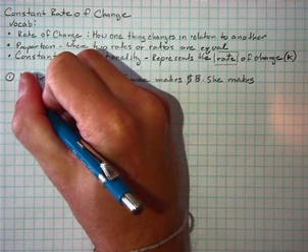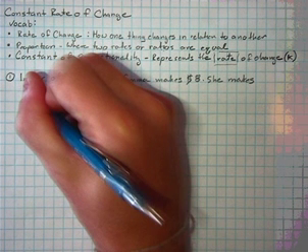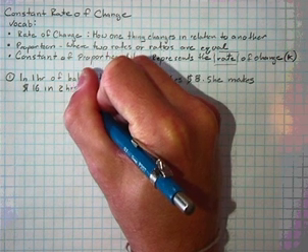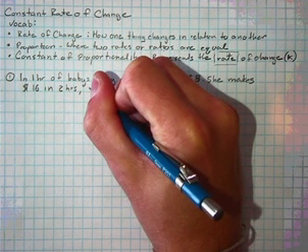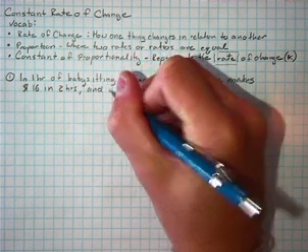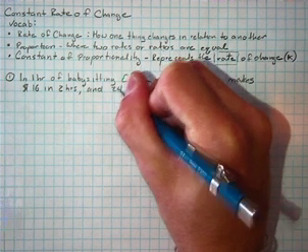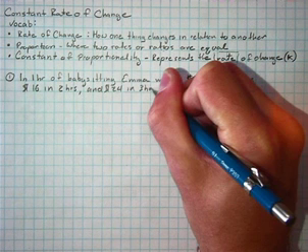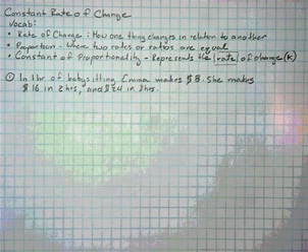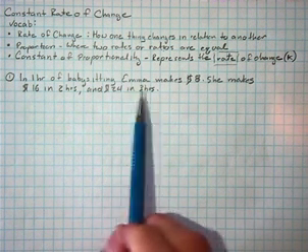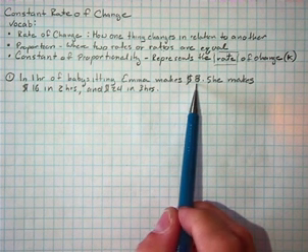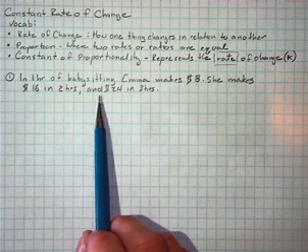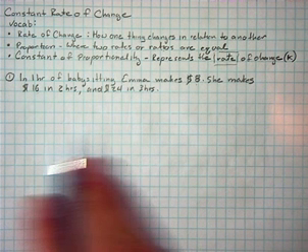And Emma makes $16 in 2 hours. And $24 in 3 hours. All right. So Emma's babysitting. In 1 hour, she makes $8, $16 in 2 hours, and $24 in 3 hours.